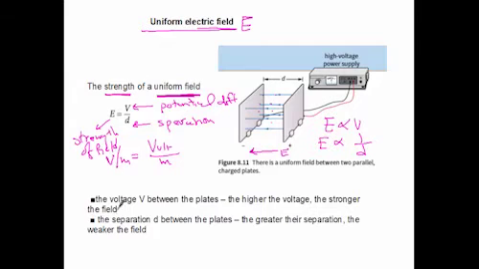This means that the higher the voltage, the stronger the field. But the greater the separation, the weaker the field. They are inversely proportional to each other.